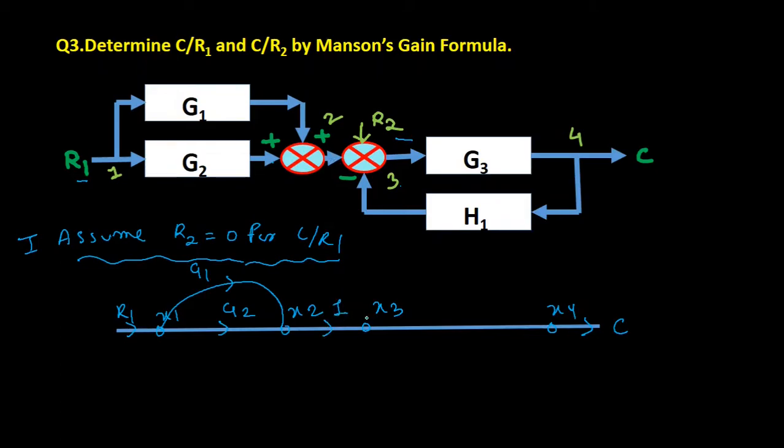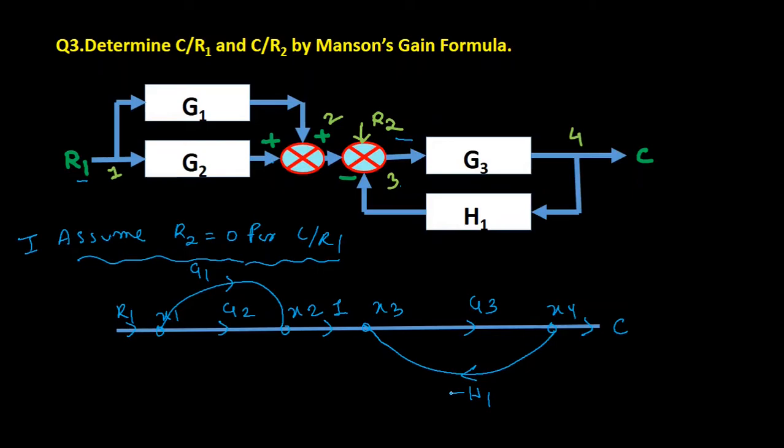Between node 3 and node 4 there is a block of G3, so we mark G3. Between node 4 and node 3 there is a feedback block of H1 going to node 3, so we mark H1. This feedback is subtracting at summing point 3, that means it will be minus H1.